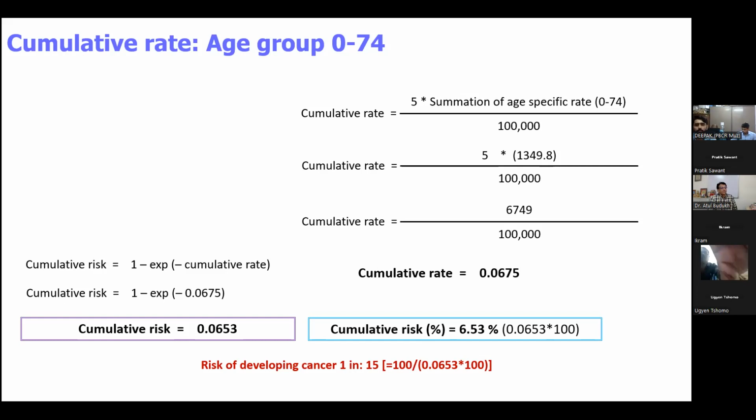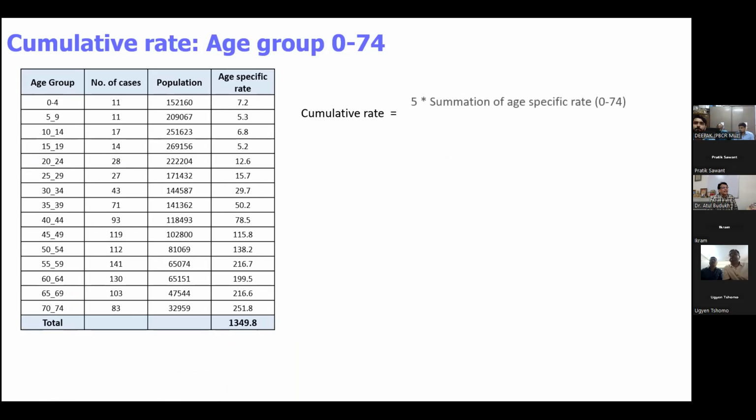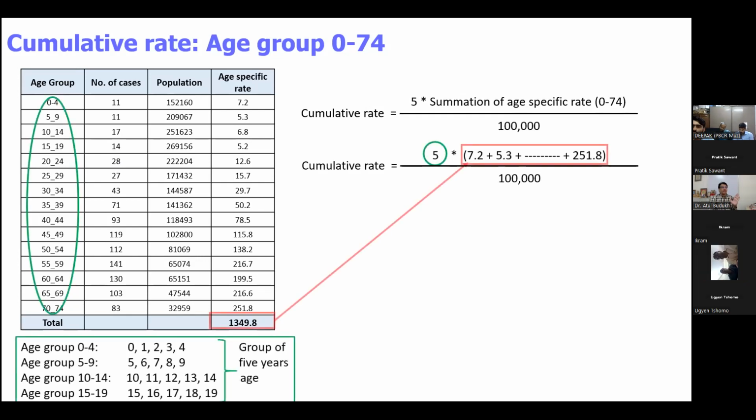So I missed the 5 part. Okay, again I will repeat. See what is happening: you have the age group, number of cases, population, and the specific rate. It's very simple. You have to do the summation of the specific rate into 5. Why 5? Because the age group width is 5: 0 to 4, 5 to 9; 0, 1, 2, 3, 4.